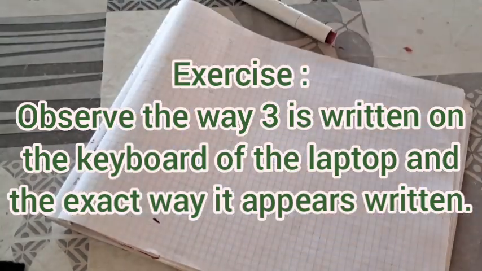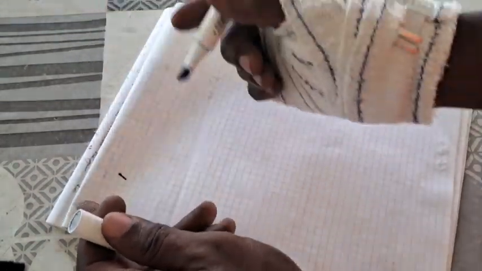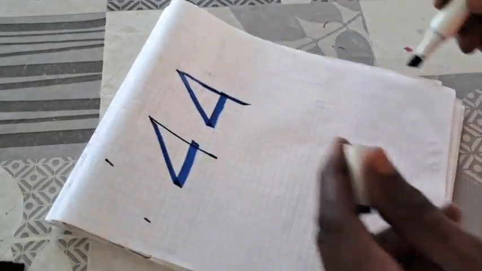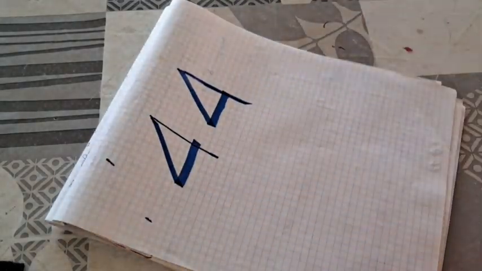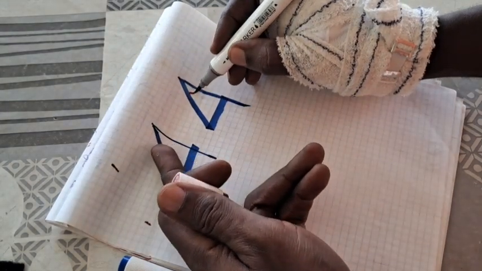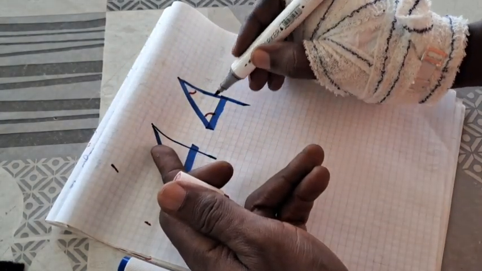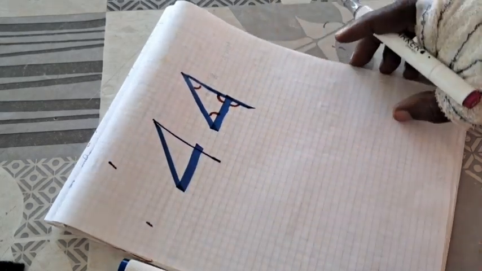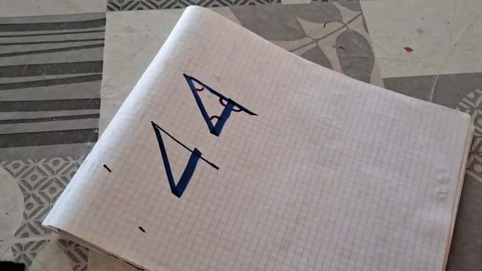How was 4 created by the Islamic scholars outside the line? Now, this is 4. How many angles do we have here? We have 1 angle, 2 angles, 3 angles, and 4 angles. This is the 4.